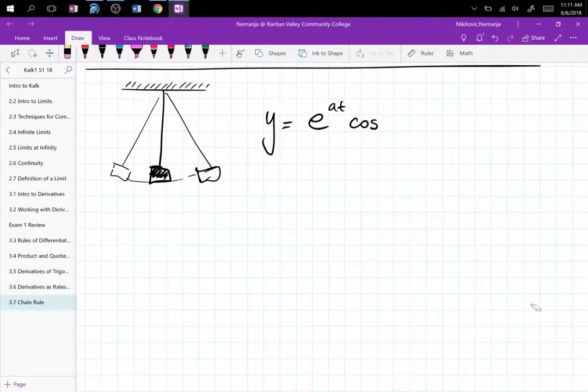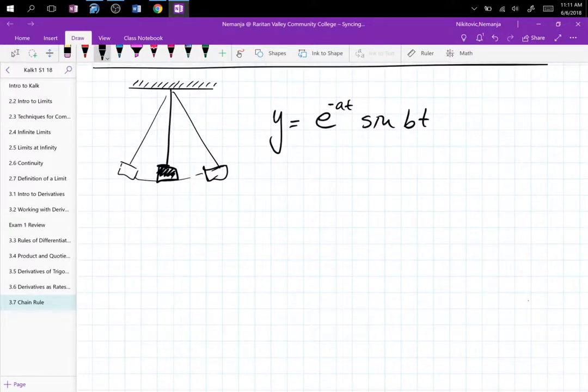Actually, no, let's do sine because I'll explain that. Sine bt. I need a negative over here. And I'll just put that a and b are positive numbers. So we can measure how far this object goes in time with this equation.